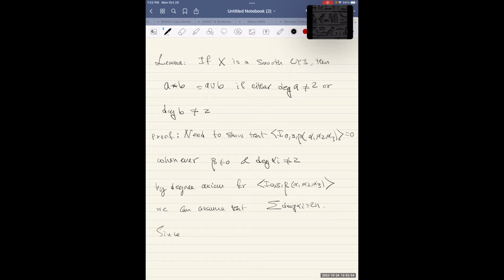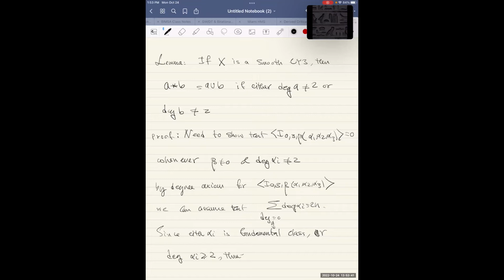Now, either αi is the fundamental class, in which case its degree in cohomology is equal to 0, or αi is the class of some subspace, in which case, because we are calculating real degree, the degree of αi is going to be bigger than or equal to 2. If it is a divisor, it's 2. If it is codimension 2, it's 4, and so on and so forth.